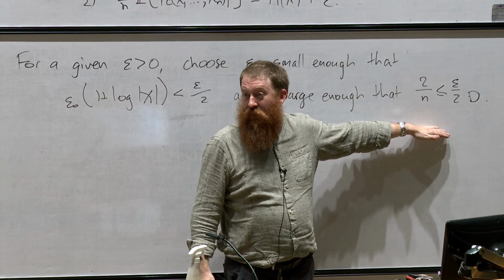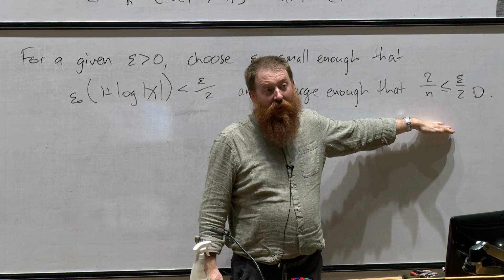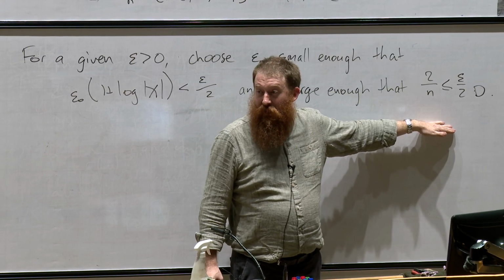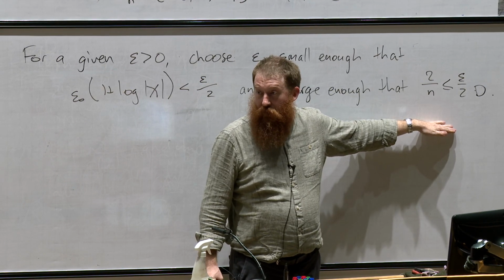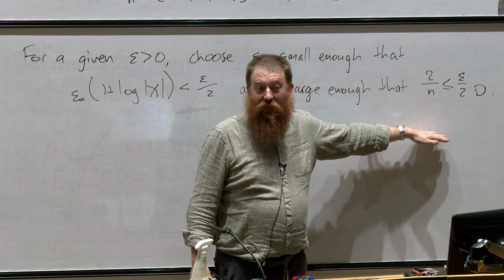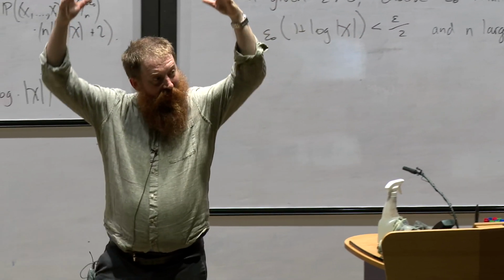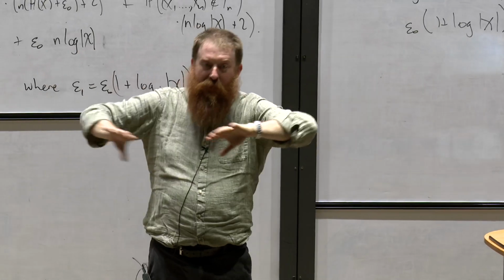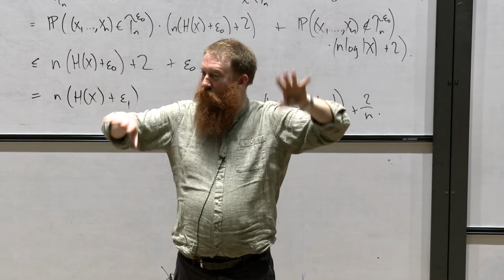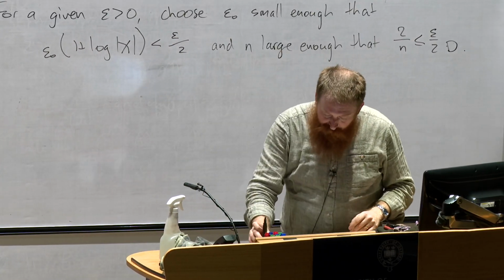If n's 100 and my input is 26 alphabetic characters, then the number of code words I have to manipulate is 26 to the power of 100, which is more than the number of atoms in the known universe. So while this is great, it's not so easy to work with, because I have to list all the possible inputs, sort them into the typical and the atypical, order them, record what code word I put with everything. It's a pain. And recording the code is a bit of a problem.